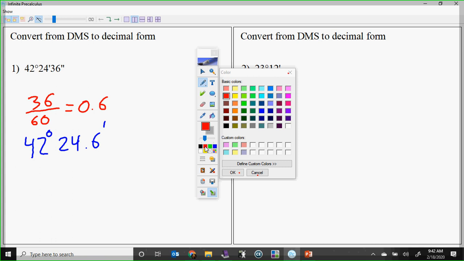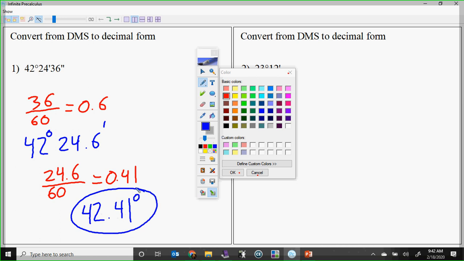There are 60 minutes in an hour, so I'm going to say 24.6 divided by 60. 24.6 divided by 60 is 0.41. So I end up with 42, and then the decimal is 0.41 degrees. Okay, so that's how I change from degrees, minutes, seconds to just a decimal degree.